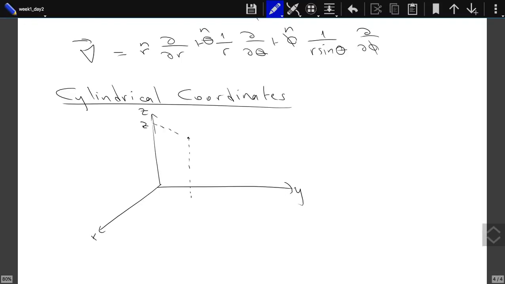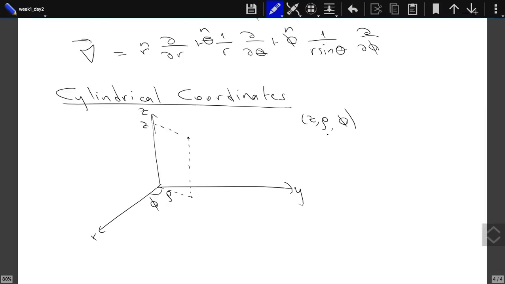And there is its z coordinate. In cylindrical coordinates, we keep using the z coordinate. But here, instead of the x and y, we use the rho and this angle phi. So z, rho, and phi are our cylindrical coordinates.